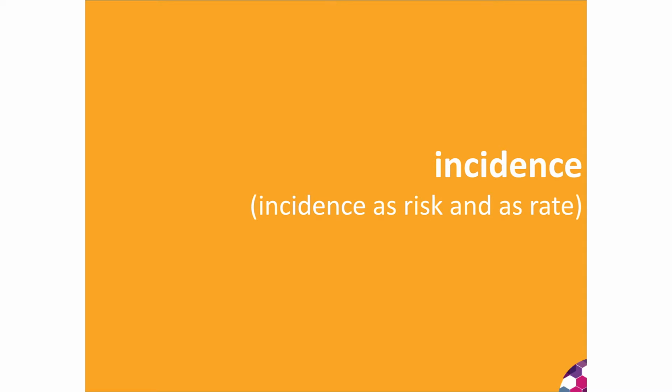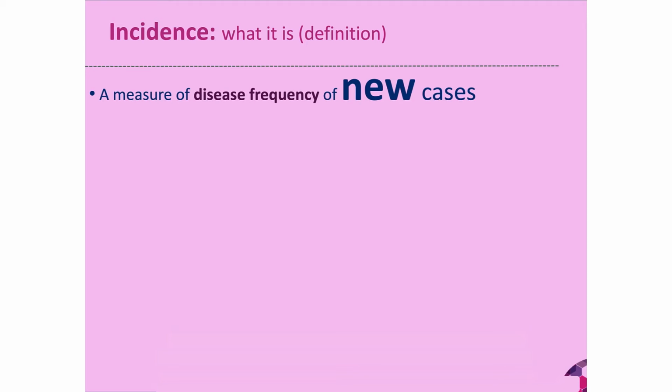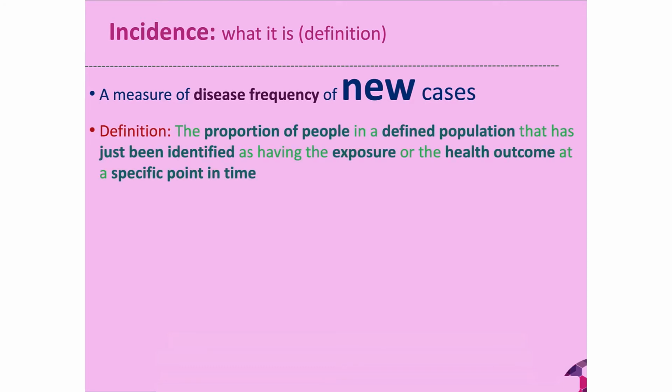Now let's move on to incidence. Incidence is a measure of disease frequency of new cases. And the definition is the proportion of people in a defined population that has just been identified as having the exposure or the health outcome at a specific point in time.